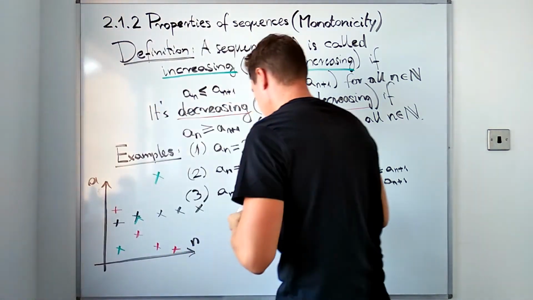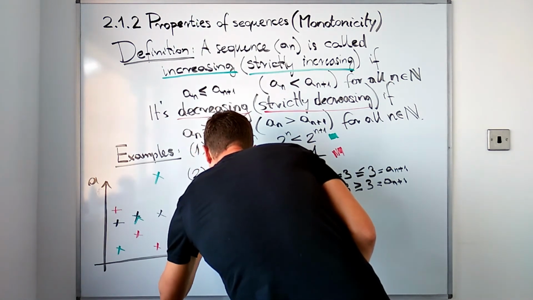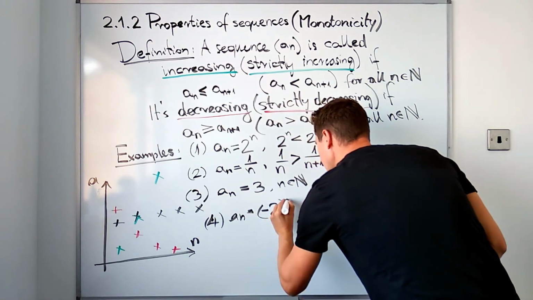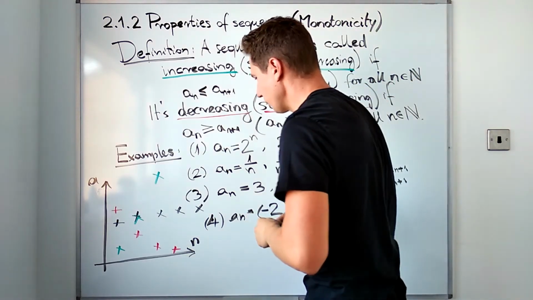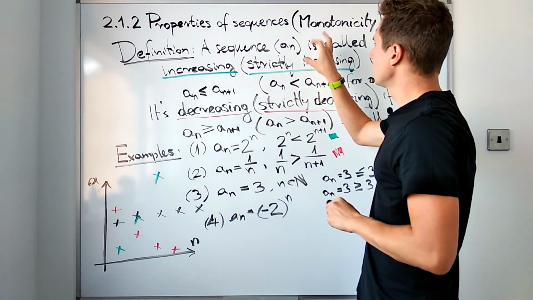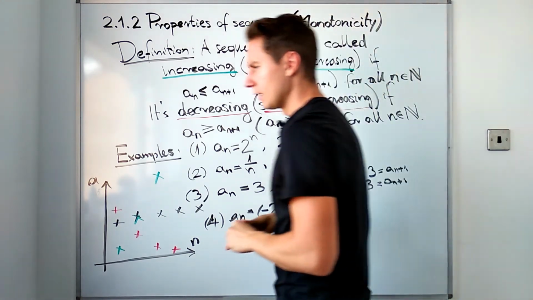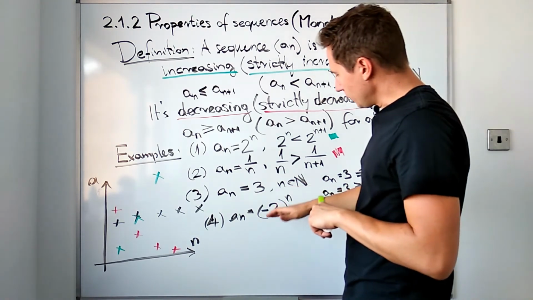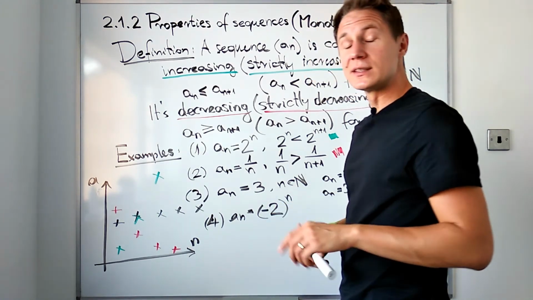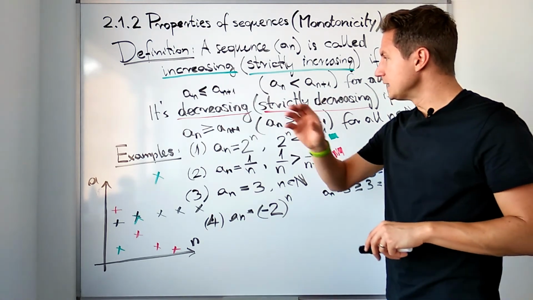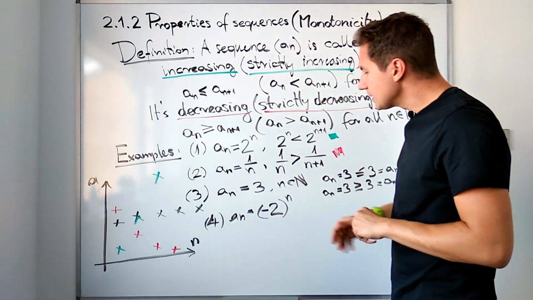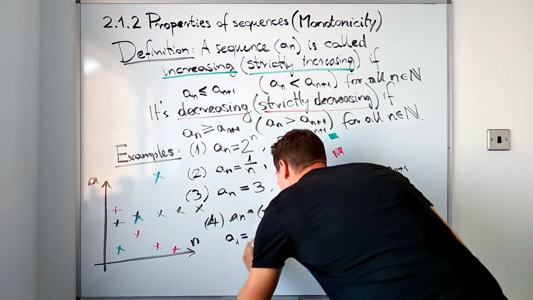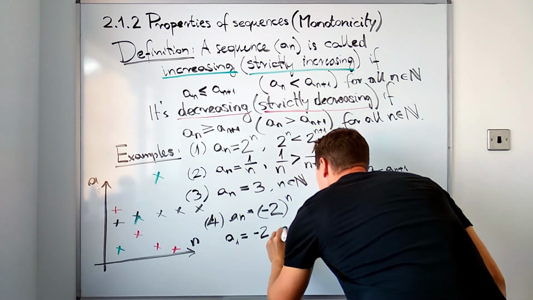Our last example, let me give you the sequence a_n equals (-2) to the nth power. What about this sequence? Is it increasing, decreasing, strictly increasing, or strictly decreasing? Pause the video and vote for your answers. Okay, so for this sequence, you had to select the option that is none of these things, because this sequence keeps changing sign as it progresses.